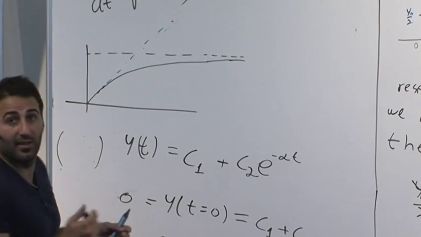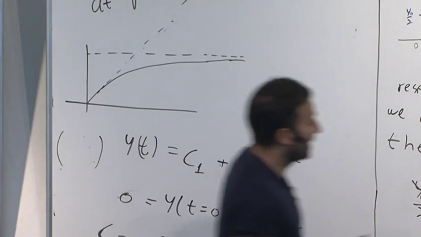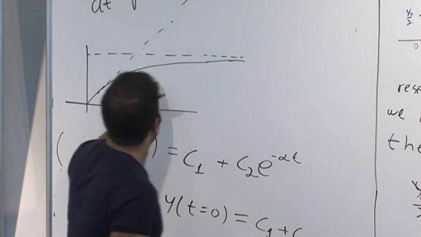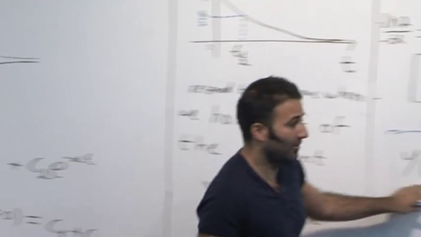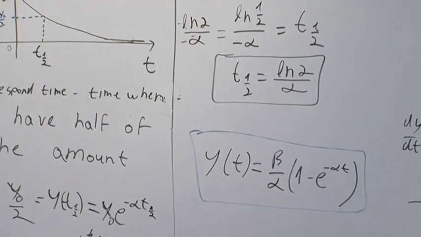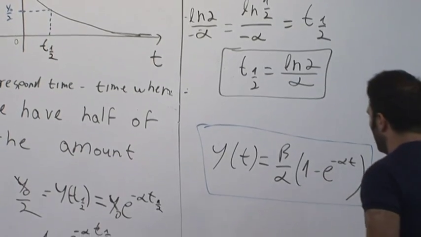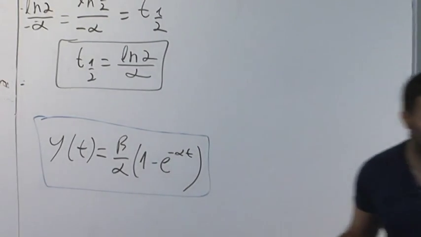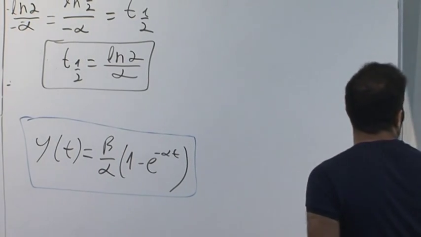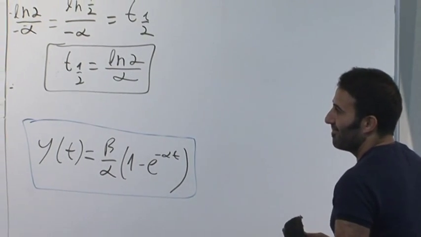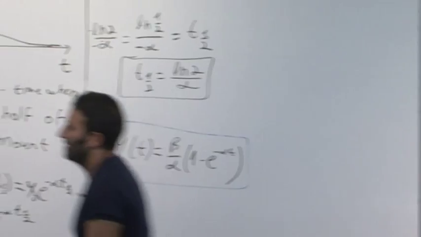But let's see a different way, how we can build this graph by looking at the solution. Okay. So in order to do it, I need some space. Yeah, we can do it here.